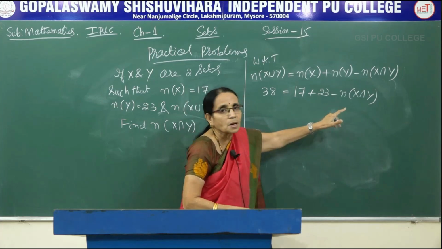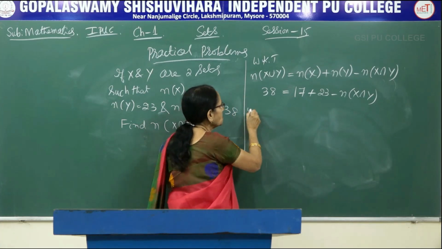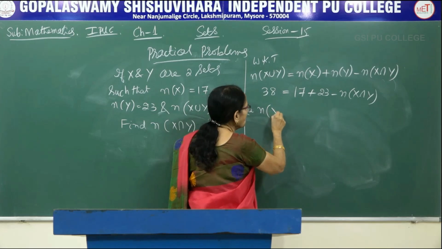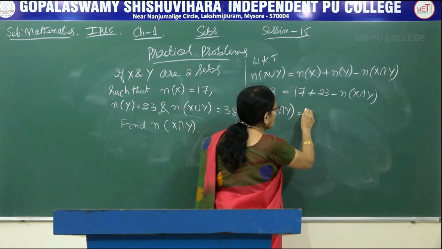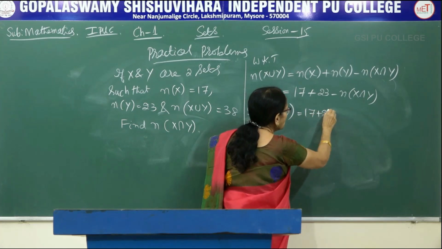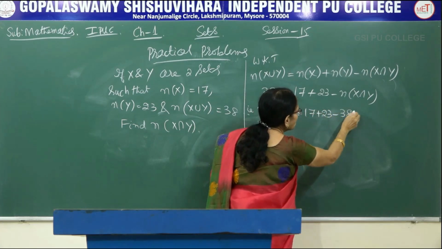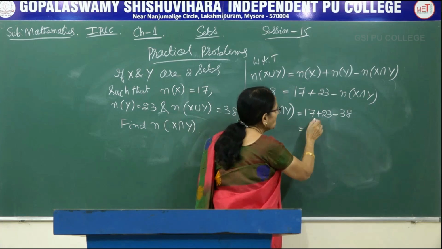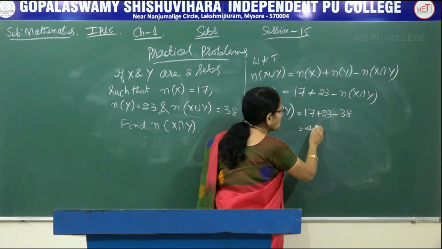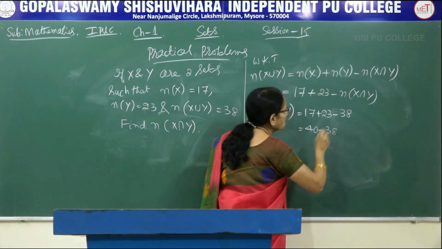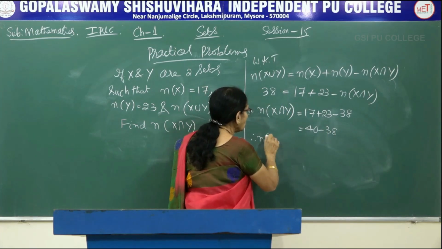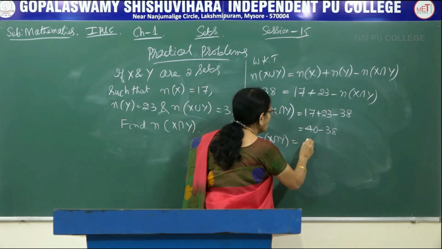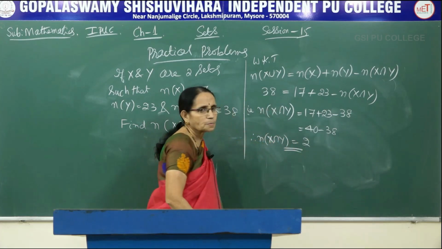This minus would become plus. So n of x intersection y is 17 plus 23 minus 38. 23 plus 17 is 40, minus 38. Therefore, write the answer: n of x intersection y is equal to 2.